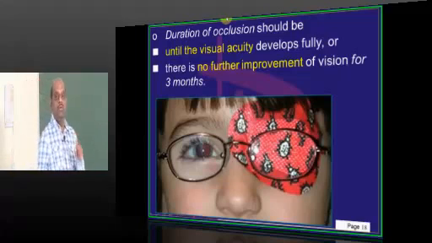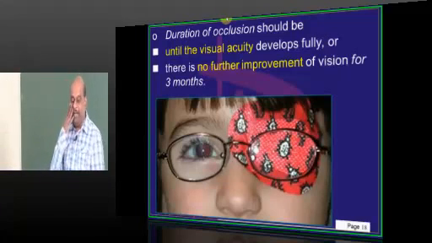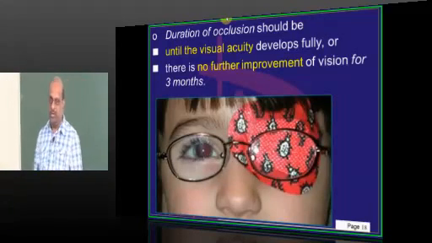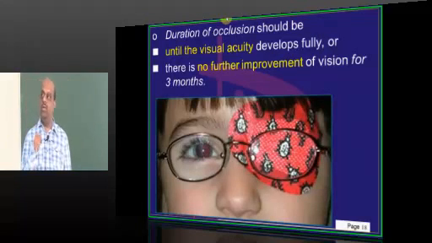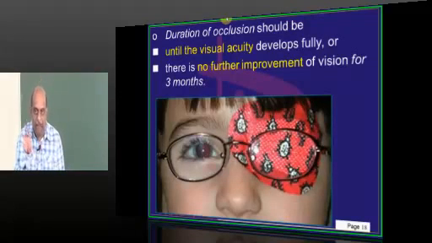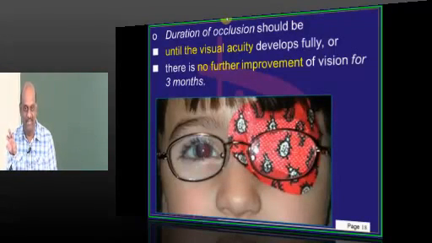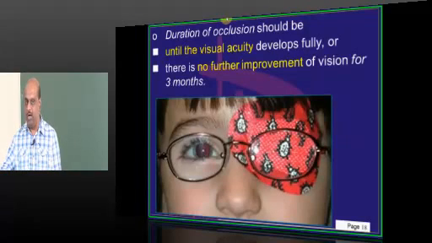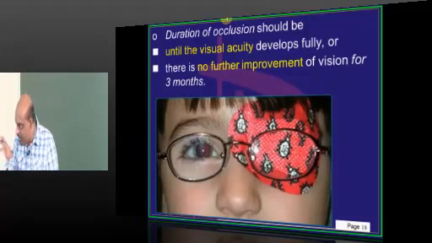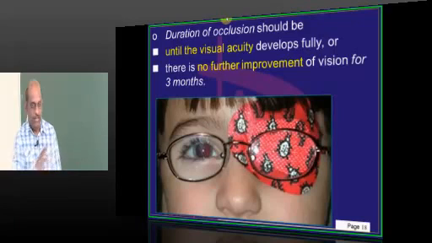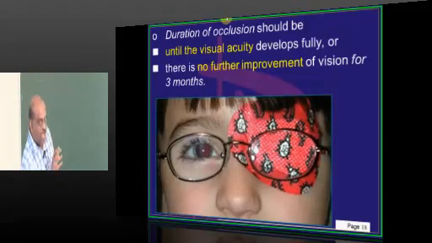Now, how will you know? Okay, sir, you are applying occlusion. How will you know that the amblyopic eye is improving or not? Slowly it will wake up and start fixating. You take the object to a particular side, then it will start looking at it. You take the object to some other side, it will start looking at it.